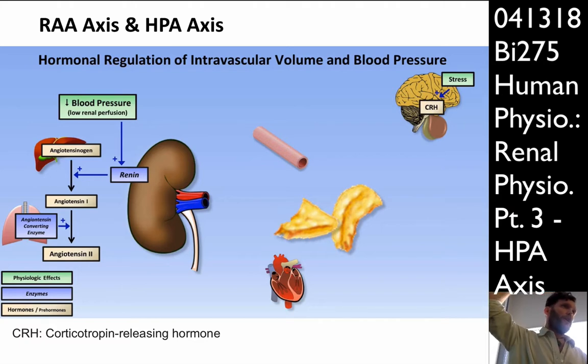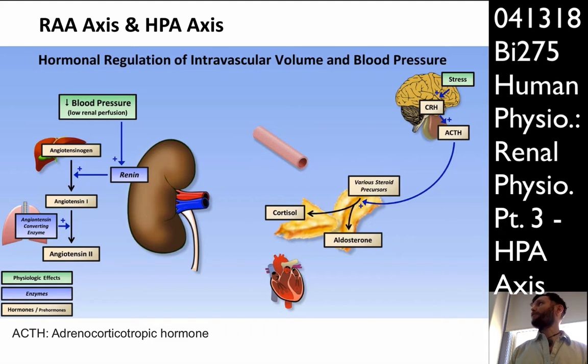So there's the production of a releasing hormone that's under the control of some sensor that's sensing something. And that releasing hormone causes secondary production of the hormone that's actually going to give us the effect that we want. So stress causes the production of corticotropin-releasing hormone.